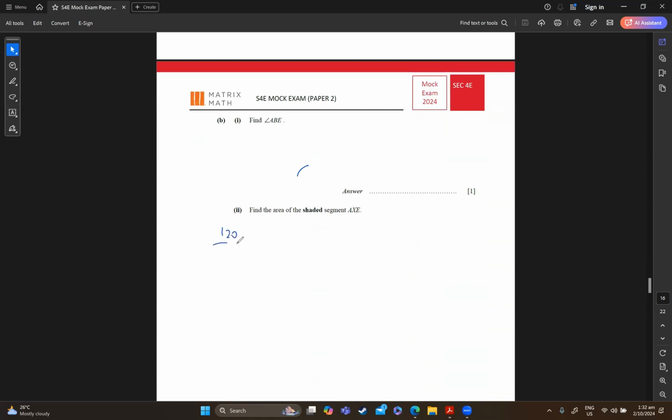So right now 120 over 360 times pi r squared, minus the triangle, half ab sine theta. Put this in a calculator, you should get 15.35, which rounds off to 15.4 cm squared.